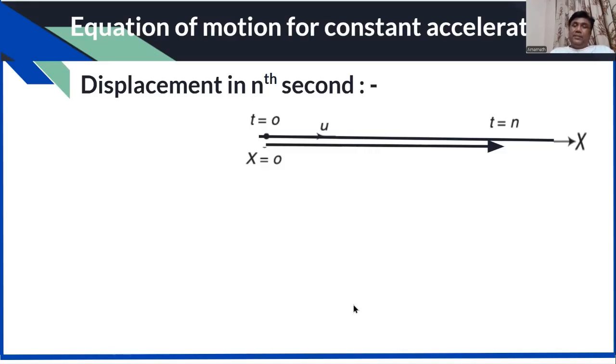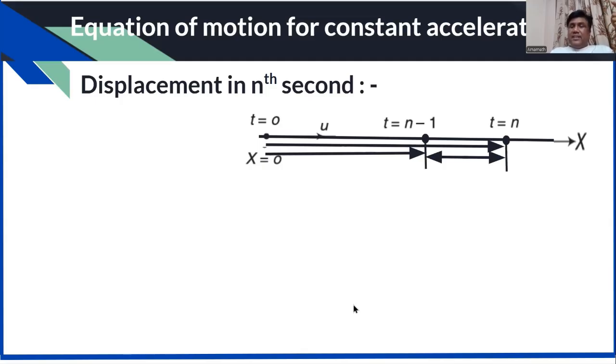Exactly that way, at 1 second less, at t equals n minus 1 second, I'll move a little bit less, this much distance. So the gap is nothing but the displacement in 1 second, which is nothing but the nth second.